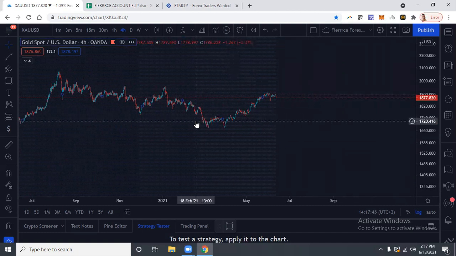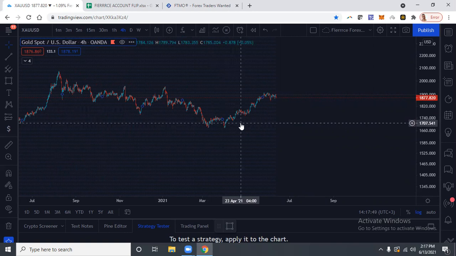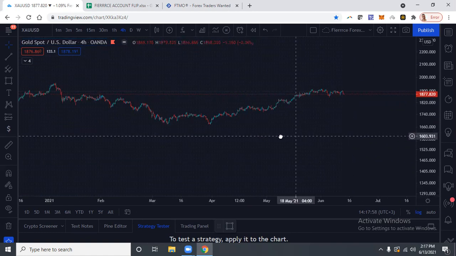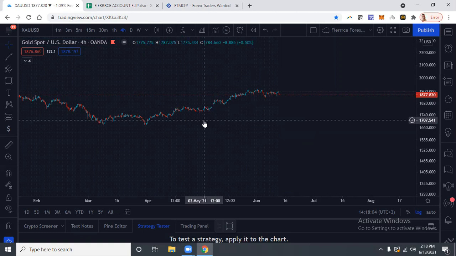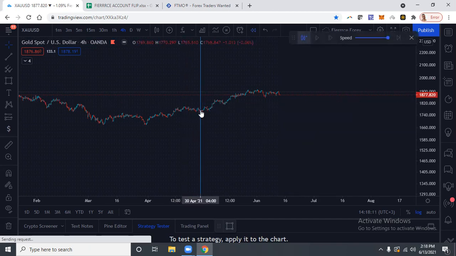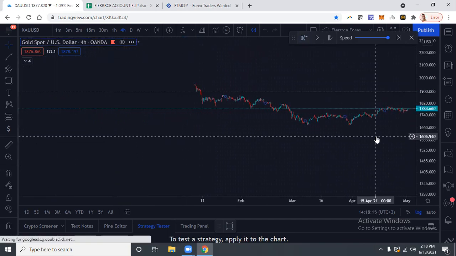April, May, hold on, I'm on the daily, so from the 3rd of May, that's what I will be looking at. Okay, 3rd of May, New York session.